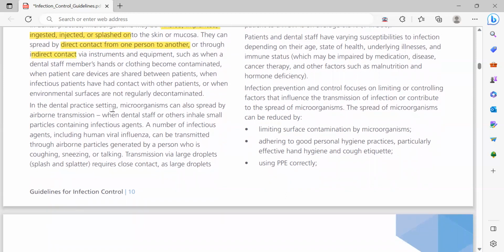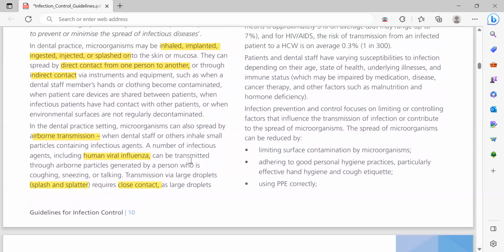Okay, so in dental practice settings, microorganisms can spread by airborne transmission, which is the most dangerous way, for example the human influenza viruses, such as the COVID virus. So we need to take certain airborne precautions against coughing, sneezing, or talking. Transmission via large droplets, which means splashes or splatters, requires close contact, because if the droplets are larger in size, then they are heavy.